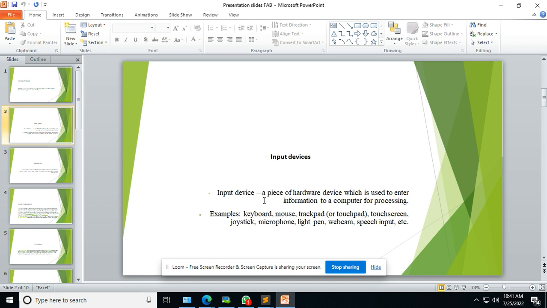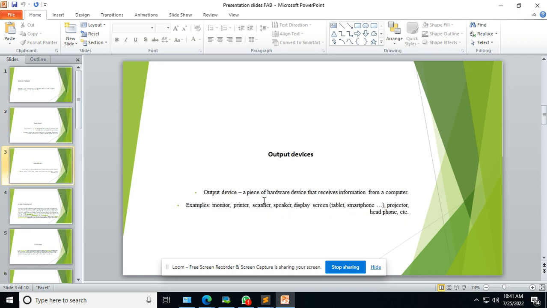For speech input, you plan to input a speech or record. So speech input is for recording, while the microphone is just for outputting the information.